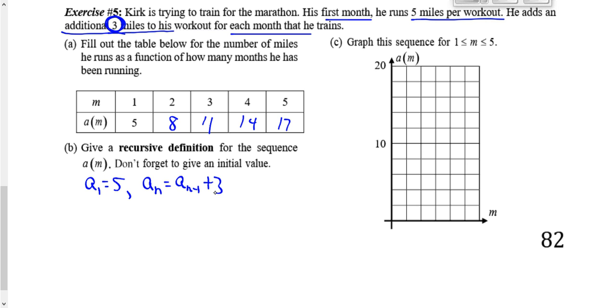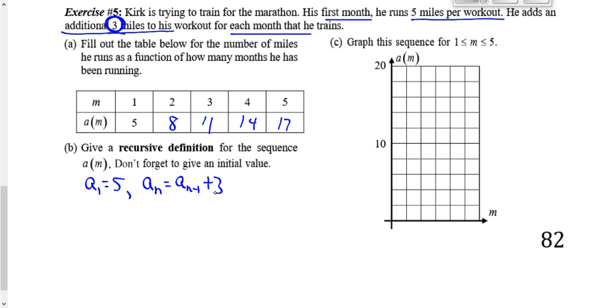There's a recursive formula. You list the first term, and then the rule to get each term after that. A sub n minus 1 is the previous term, and you get the term you want by taking the previous term and adding 3.